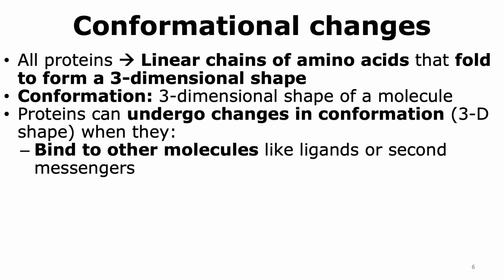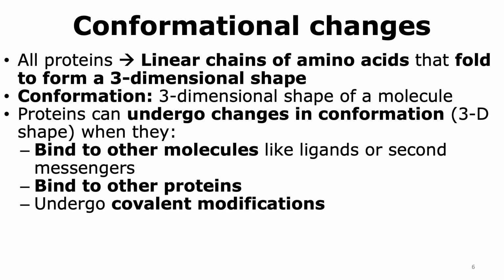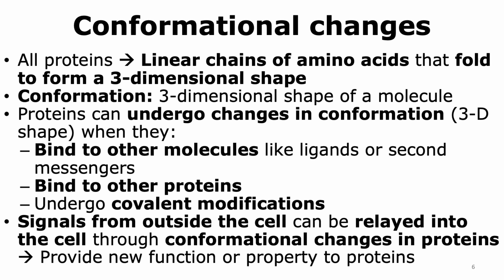Proteins can undergo changes in these three-dimensional shapes, or conformations, when they bind to other molecules like ligands or second messengers, when they bind to other proteins, or when they undergo covalent modifications like phosphorylation or ubiquitination. Signals from outside the cell can be relayed into the cell through conformational changes in the proteins. Many times, these conformational changes provide a new function or property to the proteins.